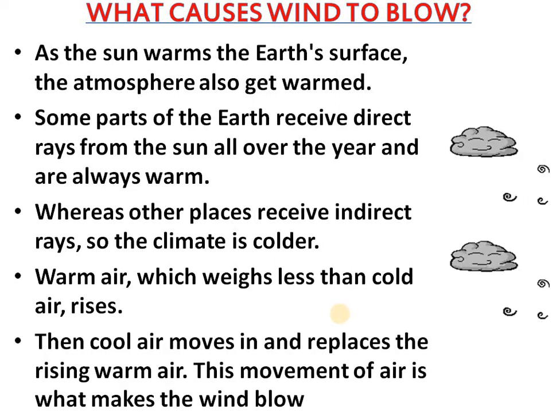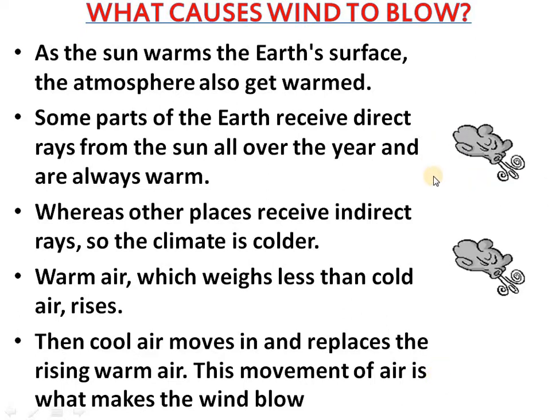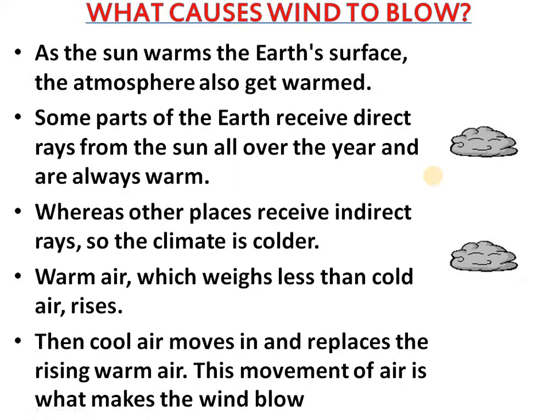Whereas from the cold region, what happens? The air moves from the cold region into the warm region. This movement of air is what makes the wind blow. Why? Because from the hot region, air always moves up.